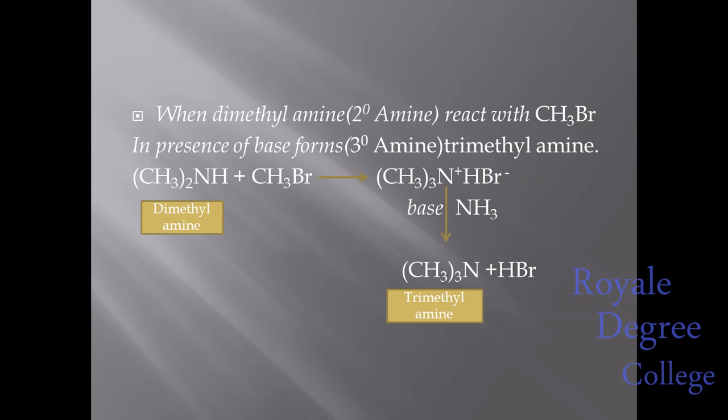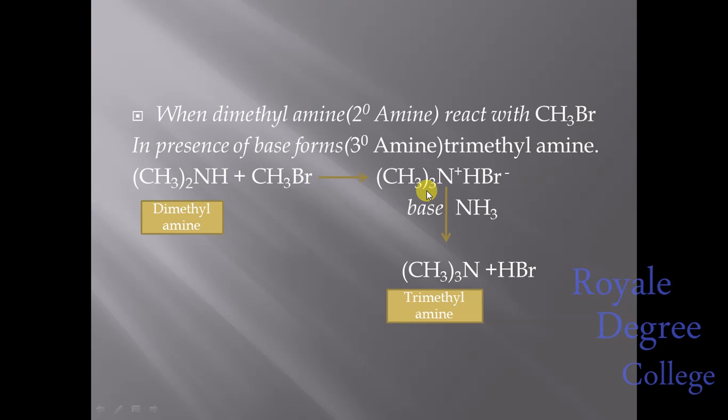When dimethylamine, secondary amine, reacts with methyl bromide in presence of base, forms tertiary amine, which is named as trimethylamine. So we are taking dimethylamine, CH3 taken twice NH, in that we are adding methyl bromide. So what will happen here? This methyl bromide is added to the dimethylamine.